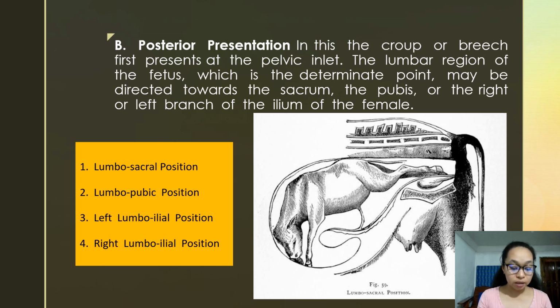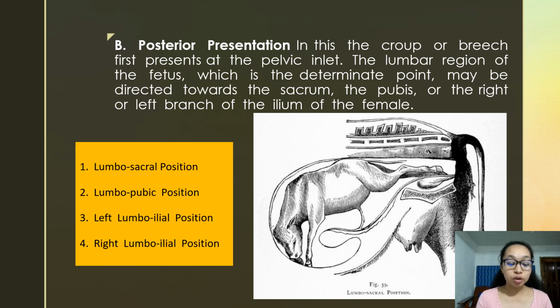So yung lumbosacral position, the fetus is in what some authorities have called a natural position, but which is asserted by others as unnatural because the loins are towards the sacrum of the mother, then the right coxofemoral articulation towards the right ilium, and the left articulation towards the left ilium.